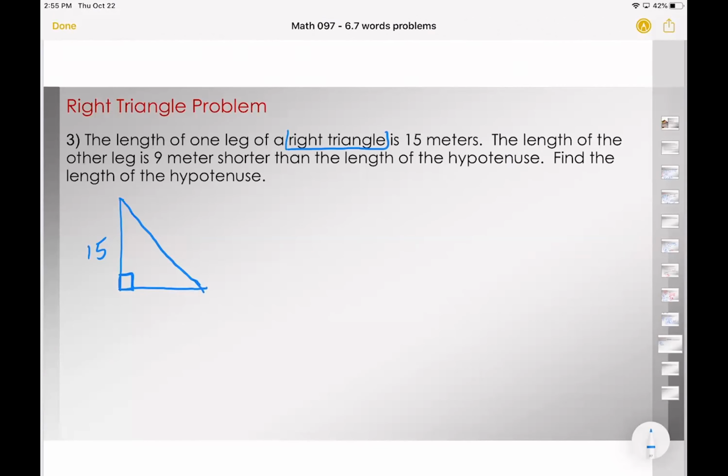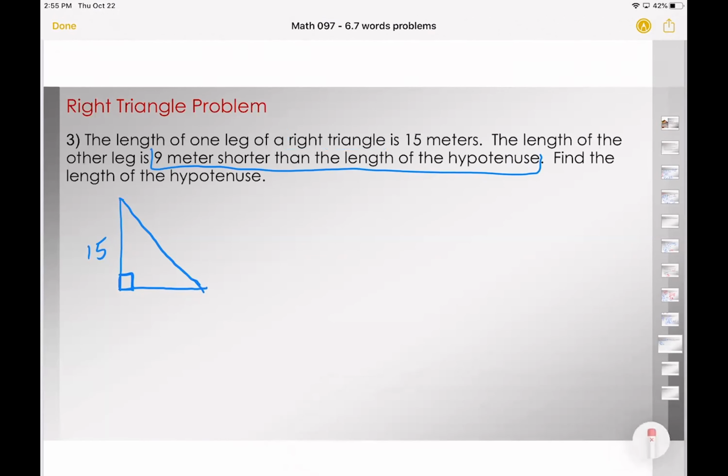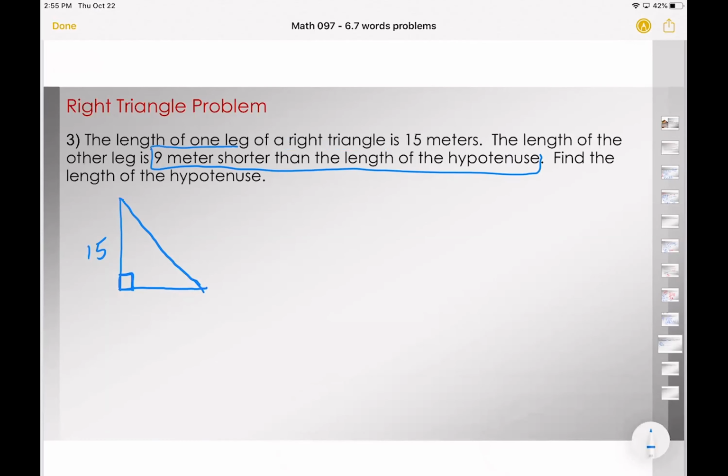Ooh, we have something going on here, ladies and gentlemen. What does this mean? What does this item say? What is 9 meters shorter than the length of the hypotenuse, right? So this is different from the previous one. The previous one, they tell us the hypotenuse length, and we are ready to go.